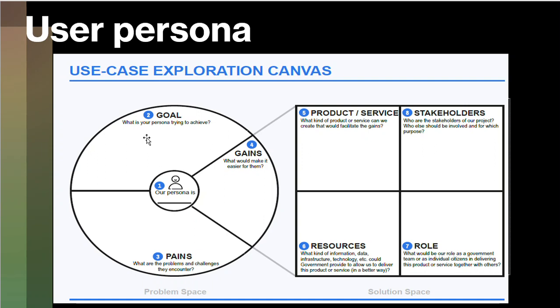Then the third one is pain. So what are the problems and challenges they encounter? So the persona, what are the problems? Let's say Sarah, maybe she has a problem managing her time to complete all the assignments, final year project, or anything related to her study.